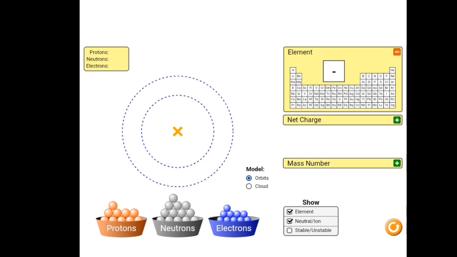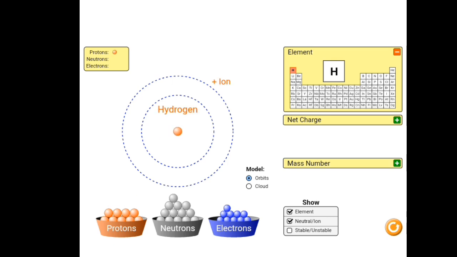So how then do we go about building an atom? Don't forget, we'll need to add the number of protons, neutrons, and electrons to the structure just above them. That's the atomic structure.